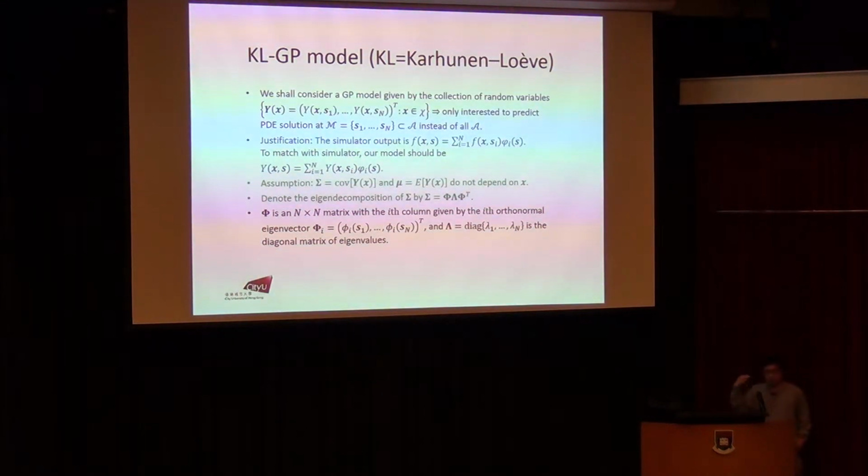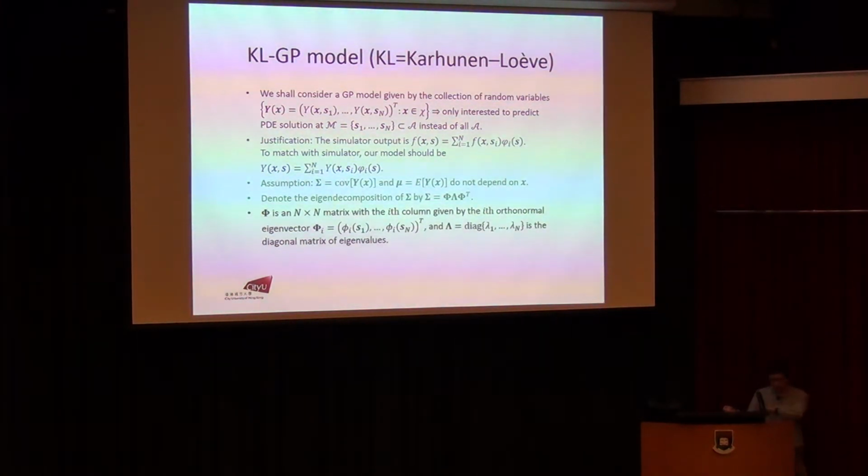This should be the correct way to proceed, because the simulator output is actually a linear combination of these basis functions phi_i with coefficients f(x, si), where si are the nodes. This is the form that the approximation in the finite element method uses. So our emulator should match the simulator output, which should be of this form. These coefficients y(x, si) are predicted with the KR GP model.